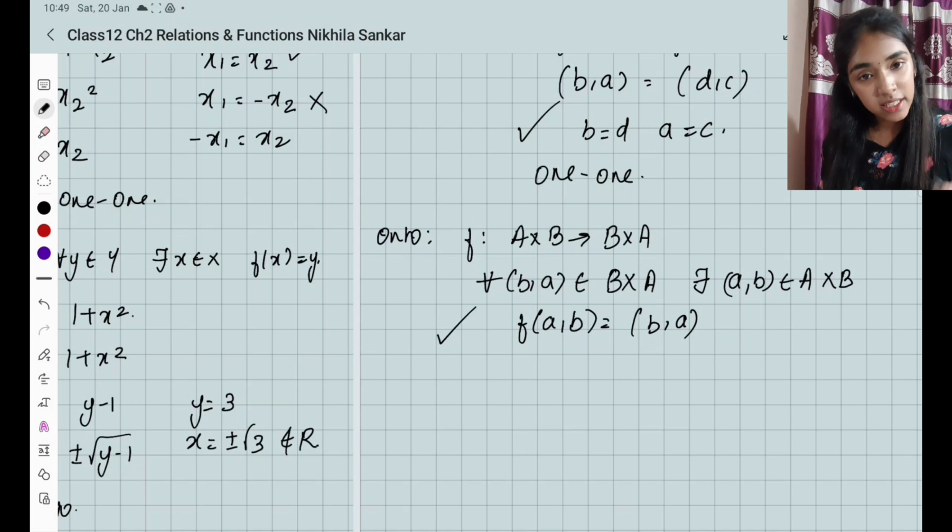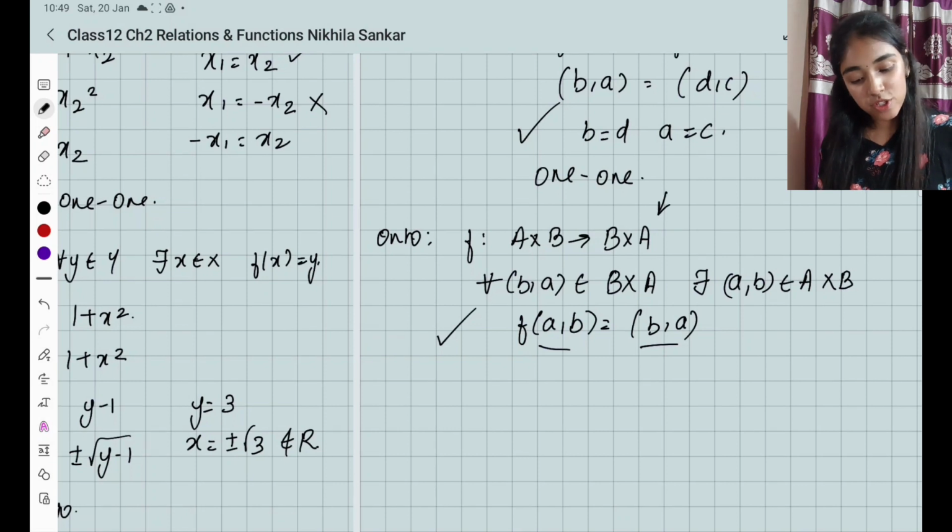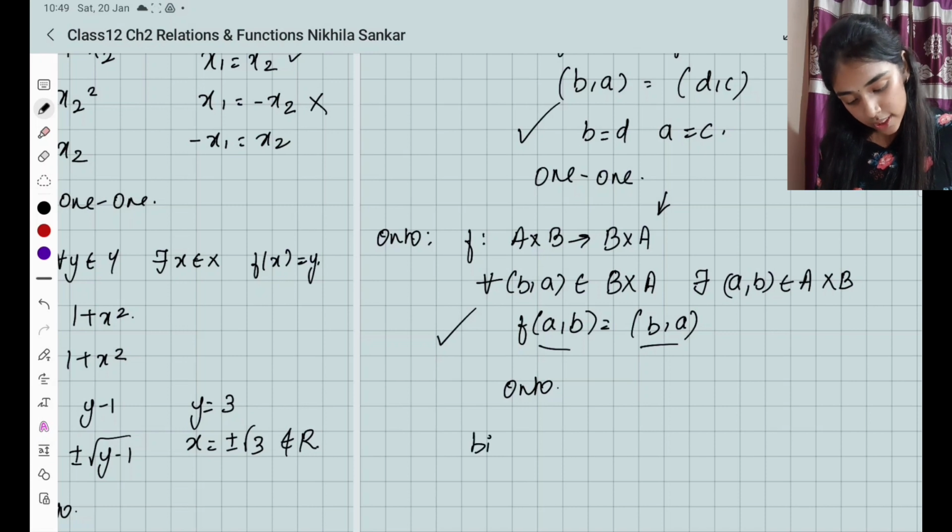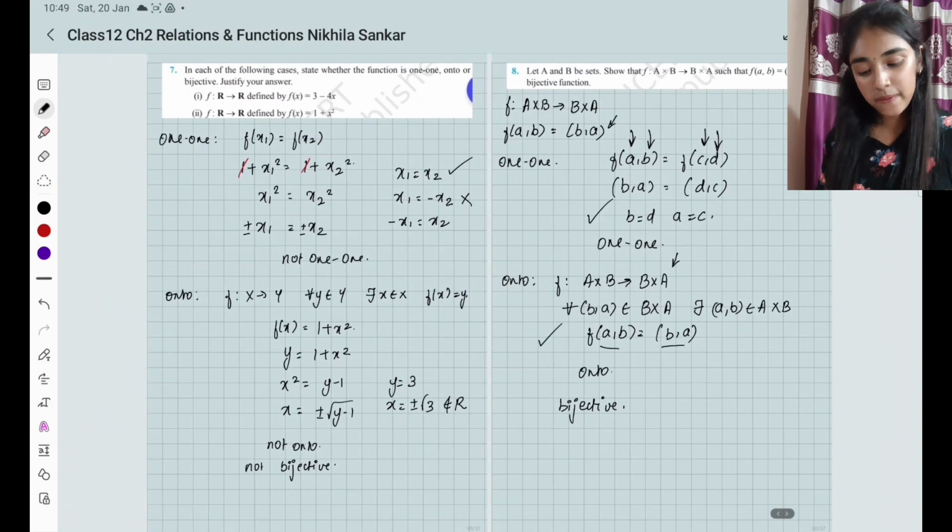Is it there? Yes, all values are there. Whatever value you put here, you are going to get the reverse of that, so that definitely belongs to the domain, which is going to be B cross A. Understood? So this is true. So this is onto. Since this is one-one and onto, this is going to be bijective. Okay? Please copy.